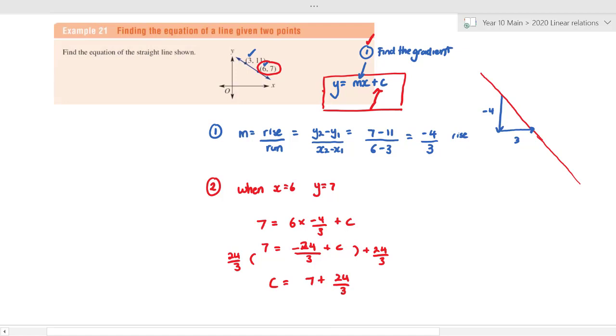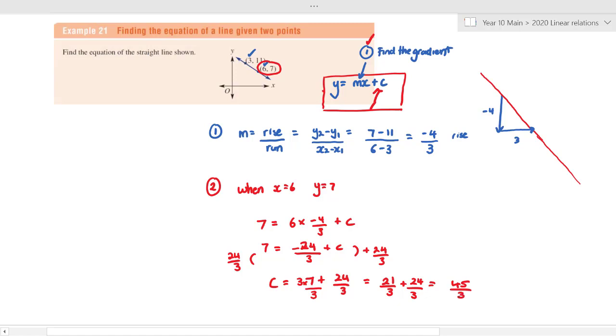It's not always going to have nice whole numbers anymore. If I wanted this over 3, then I'd have to multiply the top by 3. So 3 times 7 is 21. So that's going to be 21 over 3 plus 24 over 3, which, by the way, is 45 over 3.